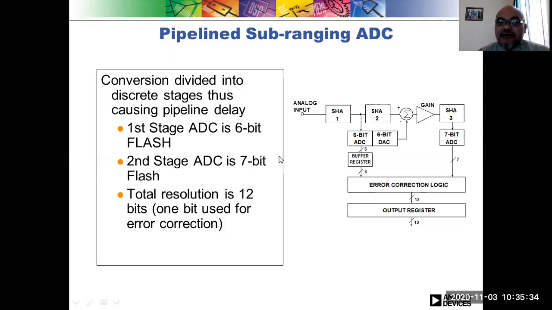Why is it minus 1? Because that 1 bit is being used for error correction. So it is divided into two stages. There are two sampling and hold amplifiers here, SHA1 and SHA2.